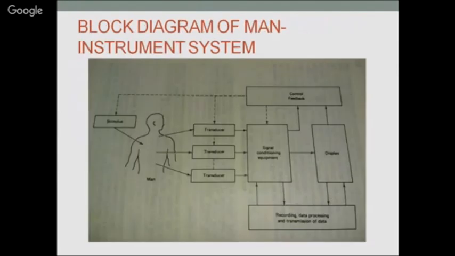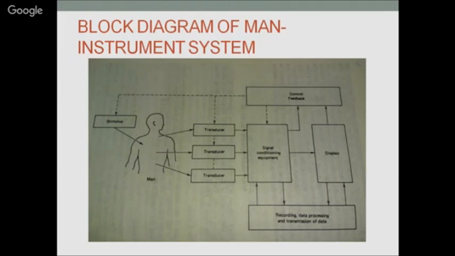Now, if I talk about the measurements, it is not that different. Measurement is the same in man instruments also. Why am I calling it a man instrument? Because here the subject is man, and you have to be careful while measuring any parameter. Now you can see in the block diagram that man is the subject here.